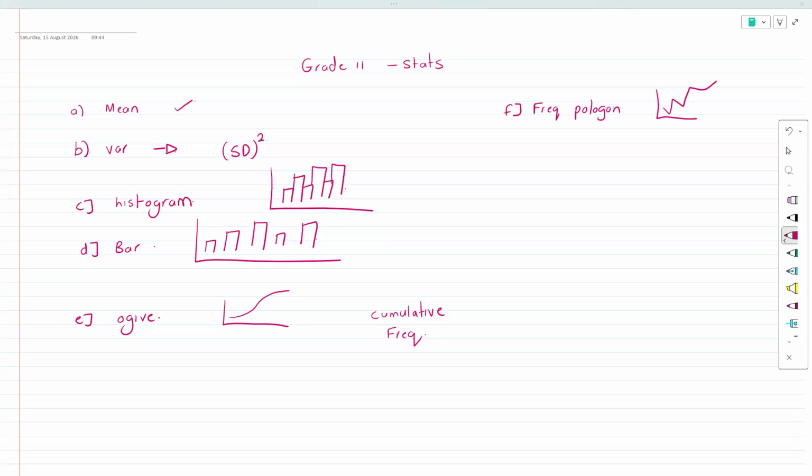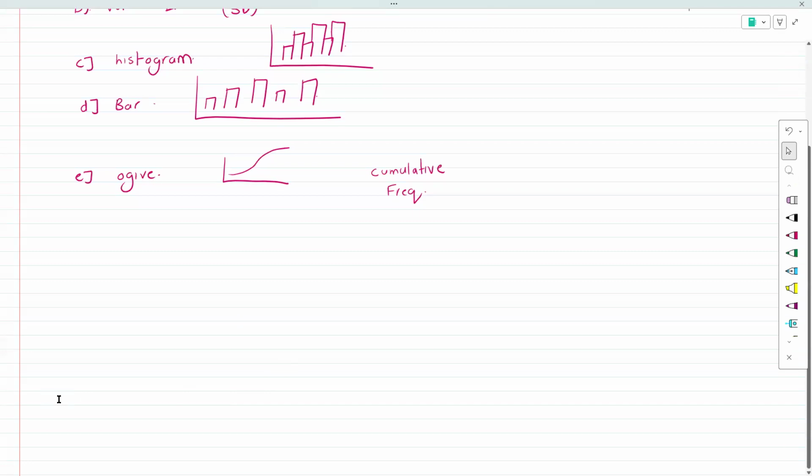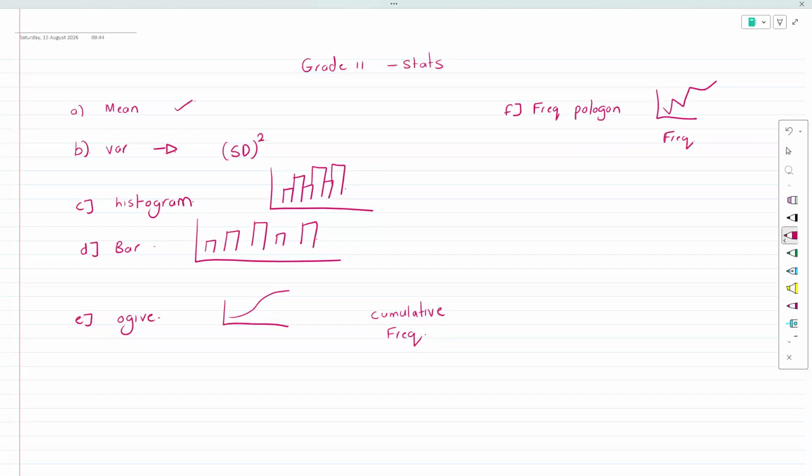I don't want to explain it wrong, but it does end up more like a scatter plot where you join the lines. If you've ever seen a line graph, that's what a frequency polygon looks like, and it uses the frequency. Please understand the frequency and the cumulative frequency. I'll show you guys where it goes, but it should be fine for now.